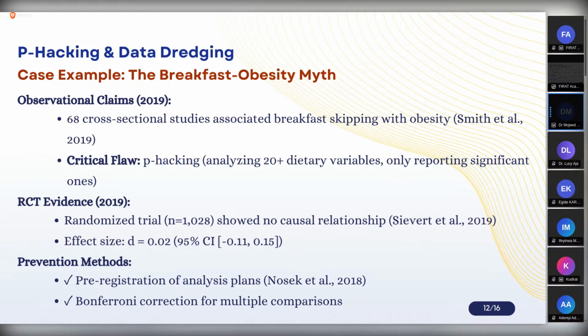So let's look at some examples. Cross-sectional claims in 2019: 68 cross-sectional studies associated breakfast skipping with obesity. What is the flaw here? P-hacking, analyzing 20 plus dietary variables, only reporting significant ones. So this is a common practice.